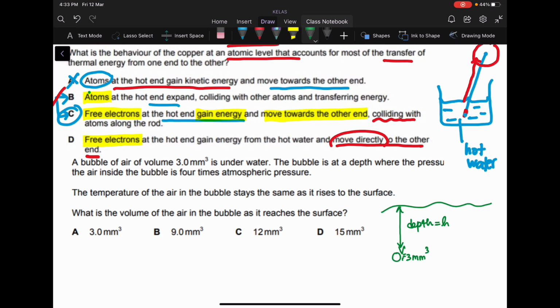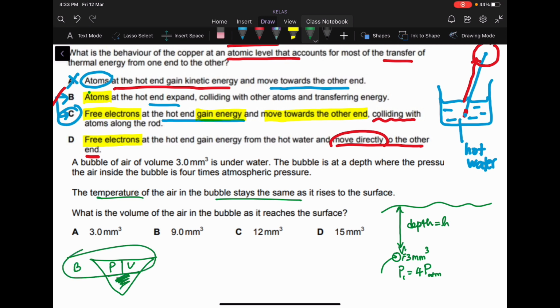The pressure inside the bubble, I just call it pressure 1, volume 1. Pressure 1 is 4 times atmospheric pressure, so I use this symbol. The temperature of the air bubble stays the same. So remember this, this is about Boyle's law.